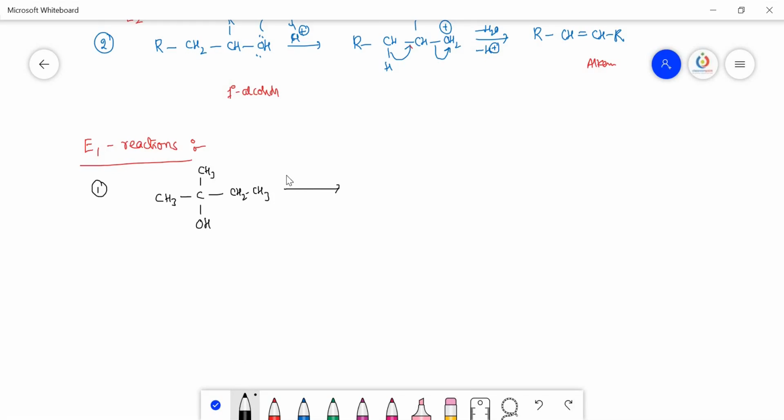OH, so that concentrated H2SO4, heat it. So this is a tertiary alcohol. So you can easily expect the rearrangement. Rearrangement means here rearrangement is not necessary.